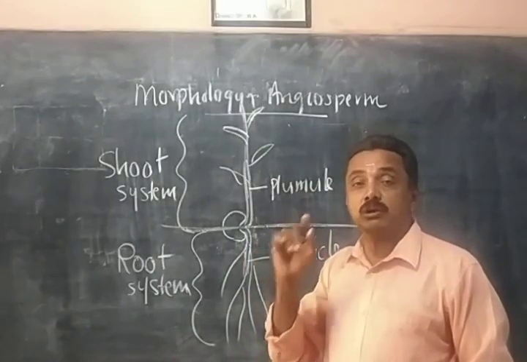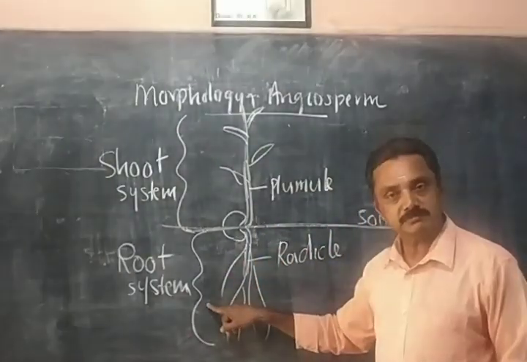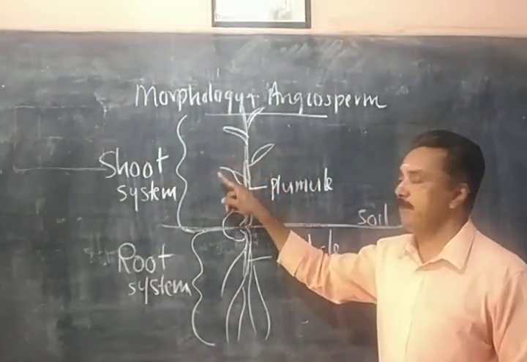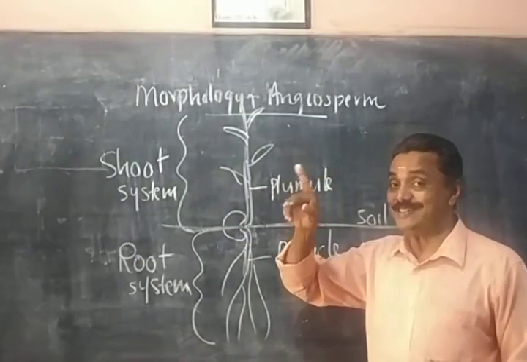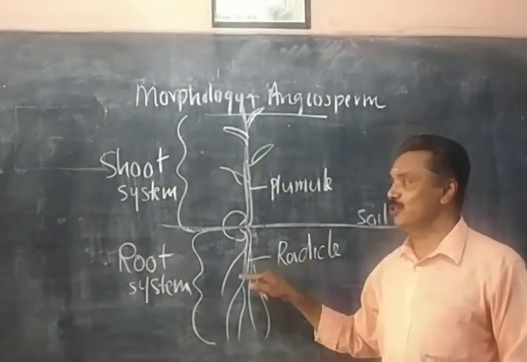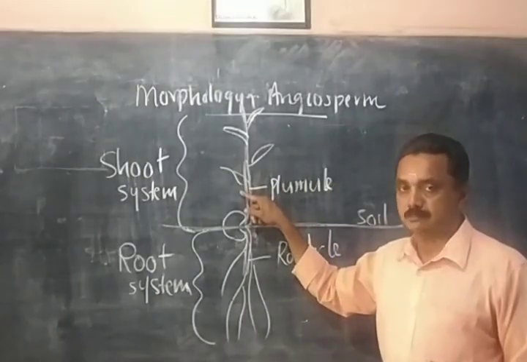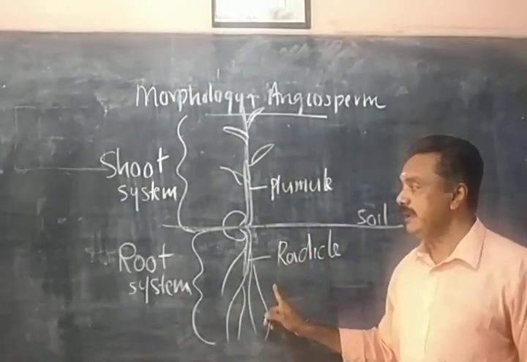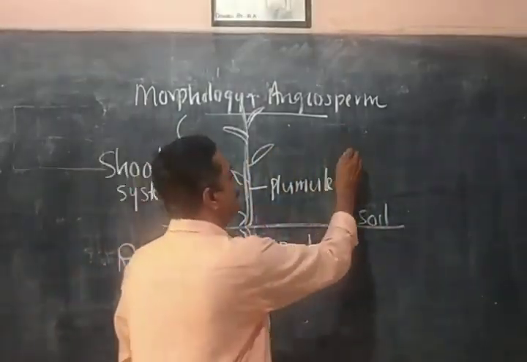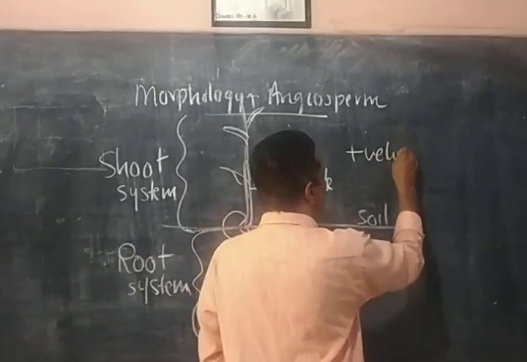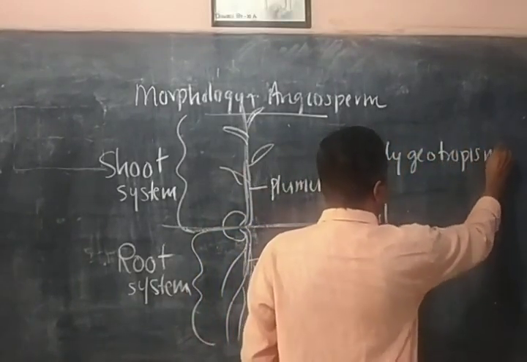And root system originates from radicle. Radicle develops into root system, and plumule develops into shoot system. So the second difference is that radicle develops into root system and plumule develops into shoot system. And the root system is positively geotropic. You know what is the meaning of positively geotropic? You know what is the meaning of geotropism?